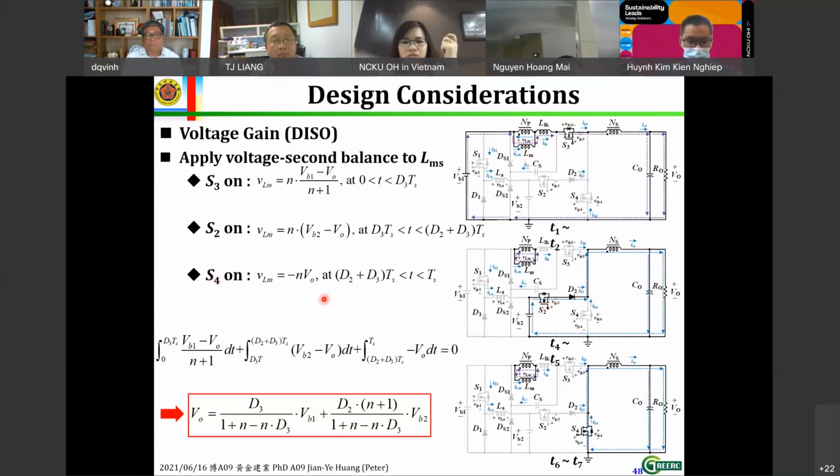And when switch S4 is on, the VOM will be equal to minus N times VO. So by the volt-second balance of the inductance LM over the three-time period, we can define the voltage gain of VO. It has a relationship with both the main source and battery, and the duty cycle of switch S2 and S3.